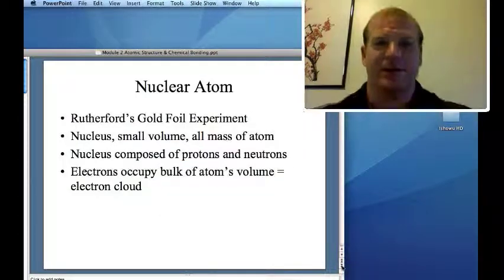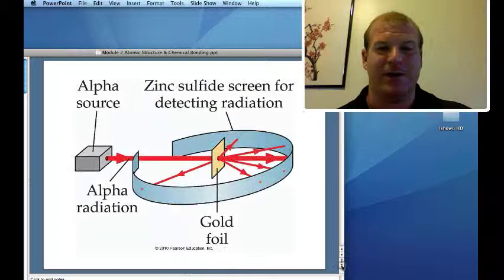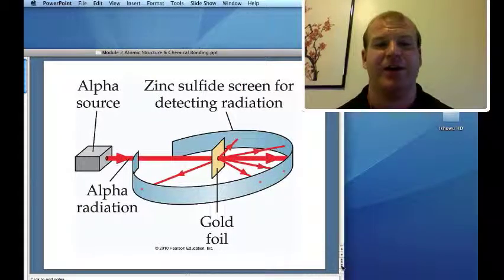We talked about Dalton, but let's talk about Rutherford. So Rutherford wanted to test Dalton's model by using radiation, and this is the experimental setup, and I'll talk about what he meant. So he could take gold. You can hammer gold really, really thin. Rutherford took an alpha source.